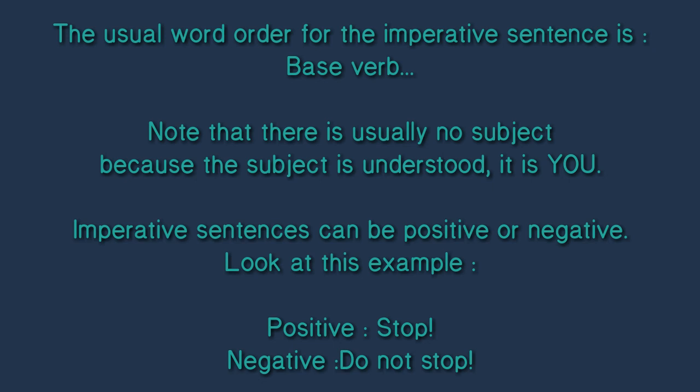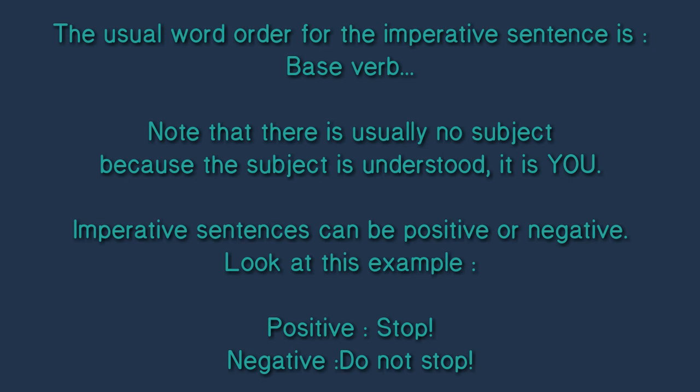In the previous sentence, look at the sentence, close the door, isn't it? Close, it's a verb, it's the base form of the verb and there's no subject used there. But it is understood that the subject is you. You please close the door, or you close the door. That's how the sentence should be, but you is not mentioned here. It's understood.